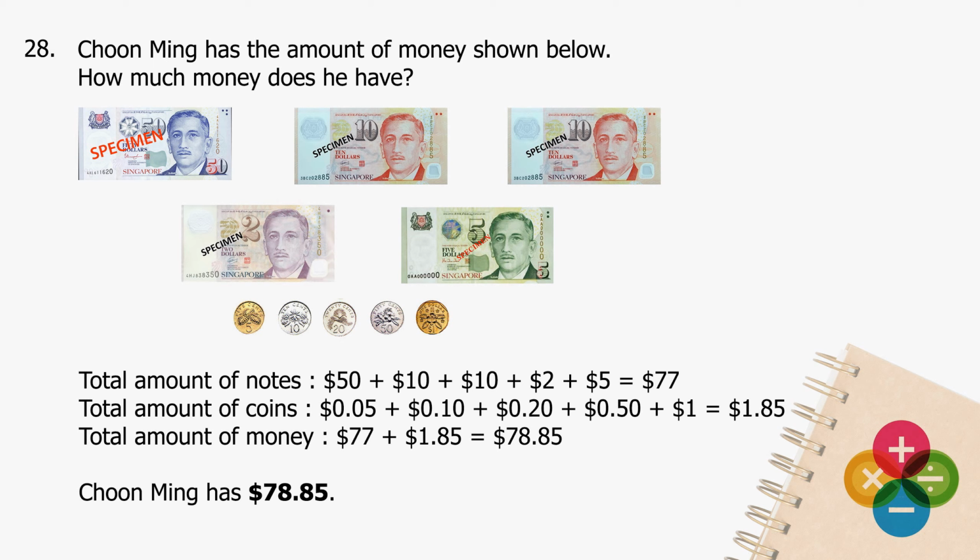The total amount of coins will be add 5 cents to 10 cents, to 20 cents, to 50 cents, and to $1, and the sum is $1.85. The total amount of money will be add $77 to $1.85, and the sum is $78.85. Chun Ming has $78.85.